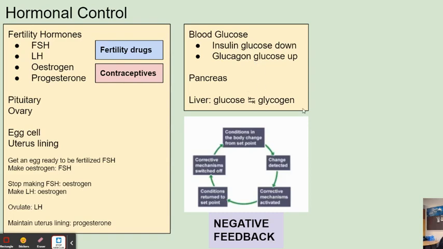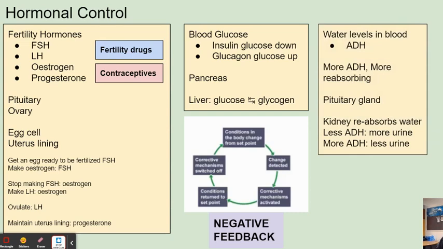And the organ that is changing glucose to get rid of it or producing glucose to increase it is your liver. And we've got a reversible change between glucose, soluble sugar, and glycogen, insoluble, very much like starch. We'll talk more about blood glucose control in a minute.